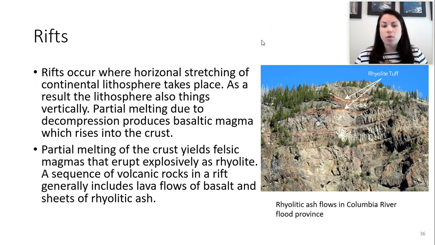So a sequence of volcanic rocks in a rift generally includes things like lava flows of basalt and sometimes rhyolitic ash. And so here's an example of an outcrop where we see rhyolitic tuff as a result of an ash flow in the Columbia River. And again, these are where we see rifts of horizontal stretching.